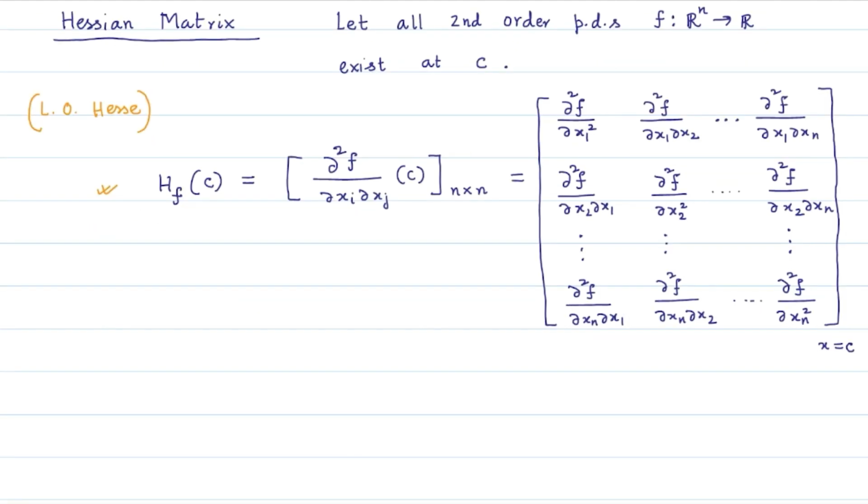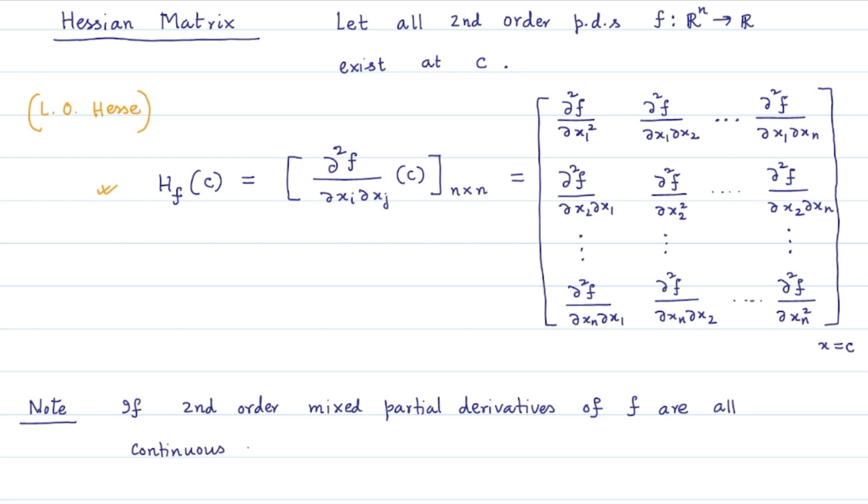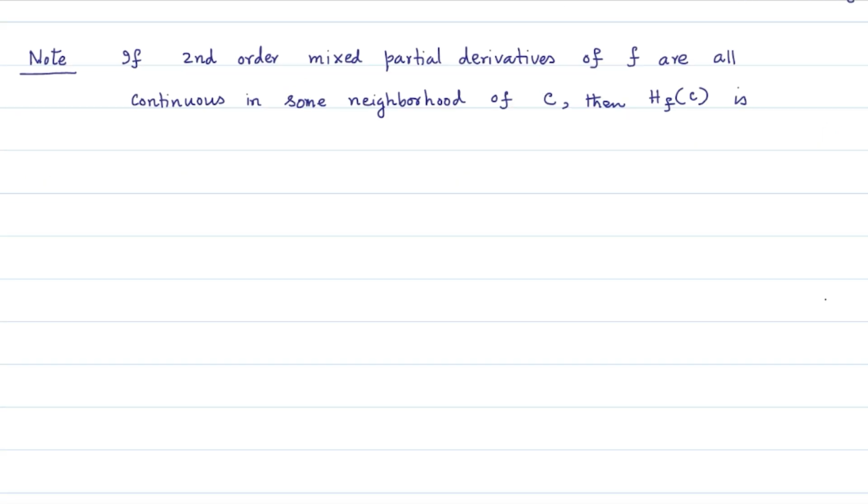As a note, we write it here that if second order mixed partial derivatives of the function f are all continuous in some neighborhood of the point C, then the Hessian matrix of the function f at C is a symmetric matrix.